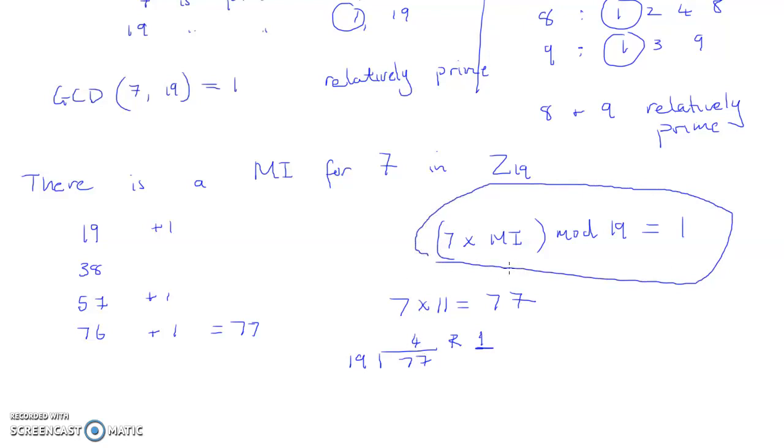So now we can say that 7 multiplied by 11 mod 19 equals 1, because that's the same as 77 mod 19, which is 1. Therefore, 11 is the multiplicative inverse of 7 in Z19. I'll leave that at that.